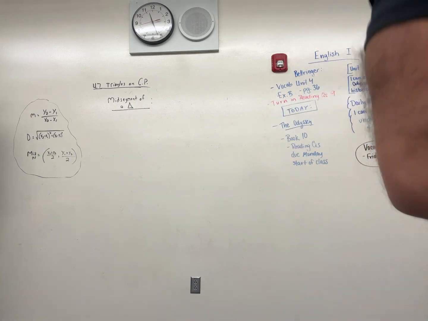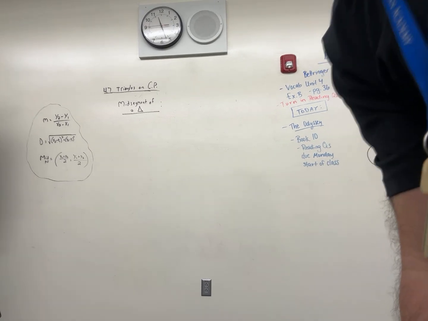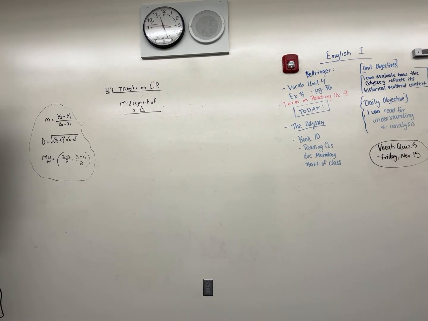Copy down those three and have them right here under 4.7, triangles on a coordinate plane.